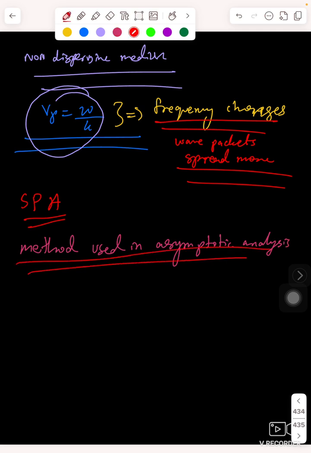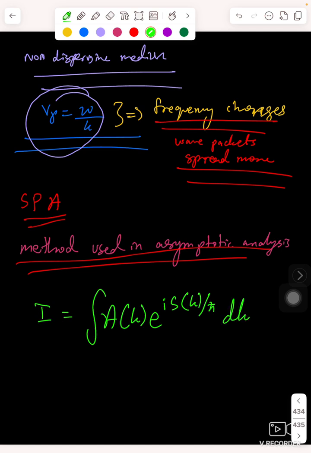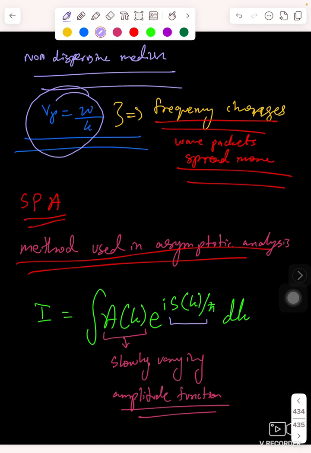The equation is I equals the integral of A(k) e to the power i S(k) over h bar dk. Here, A(k) is the slowly varying amplitude function, and this exponent part is rapidly varying.